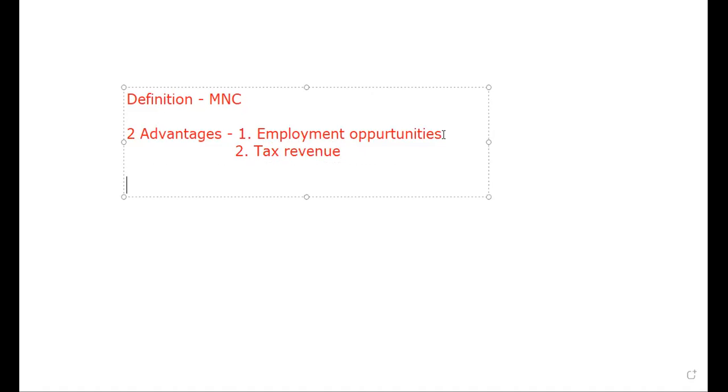When you're doing a 12-mark question, you can make a plan like that, first identify the points that you're going to write, and then you can easily expand, using more words, and start writing. Disadvantage, you can say firstly they are causing environmental pollution.